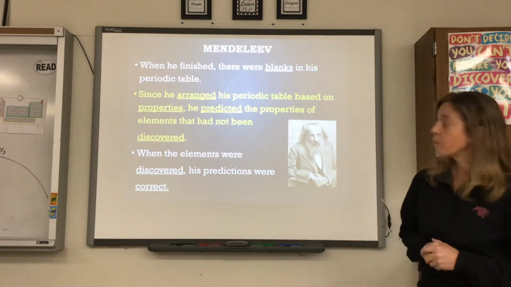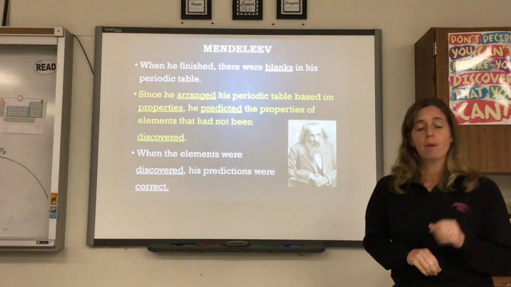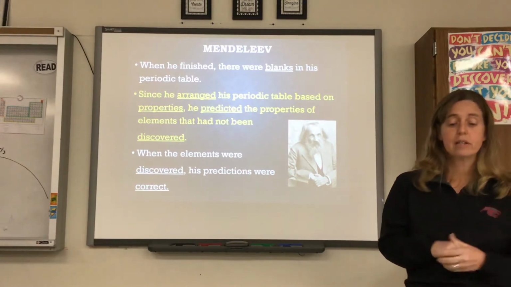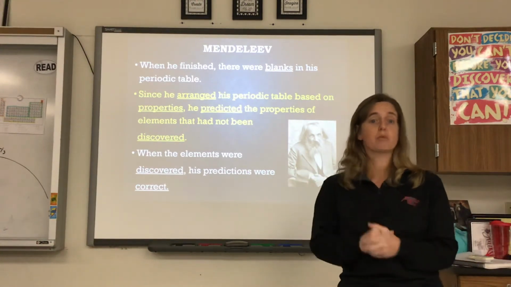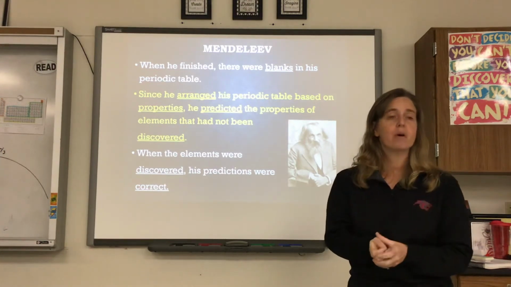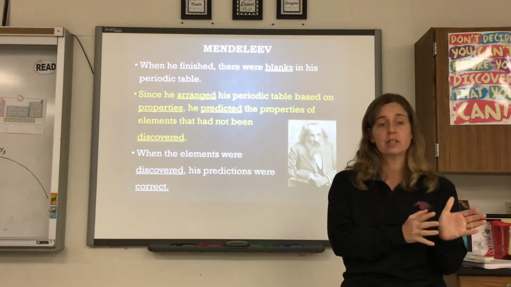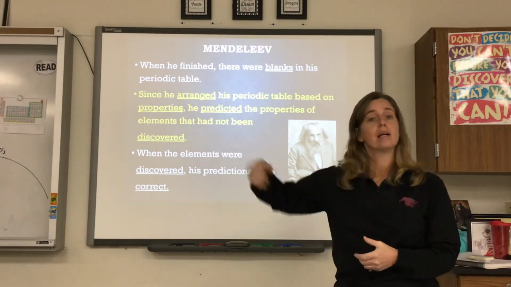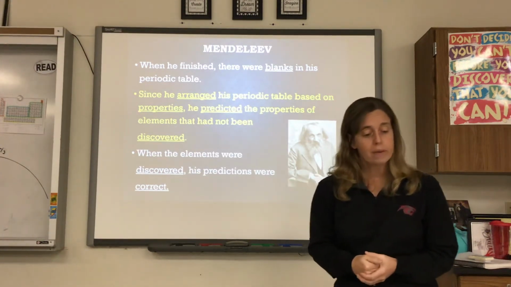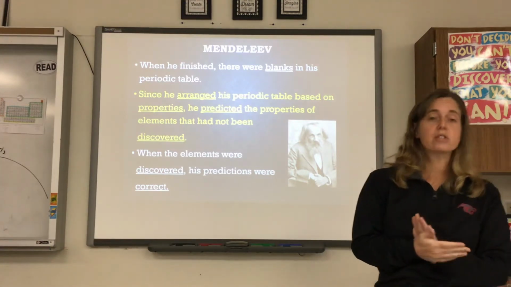Since he arranged his periodic table based on properties, he predicted the properties of elements that had not been discovered. Where these blanks were located within his table, he was able to predict the outcome of what that discovery was going to be later down the road. When the elements were discovered, his predictions were correct.